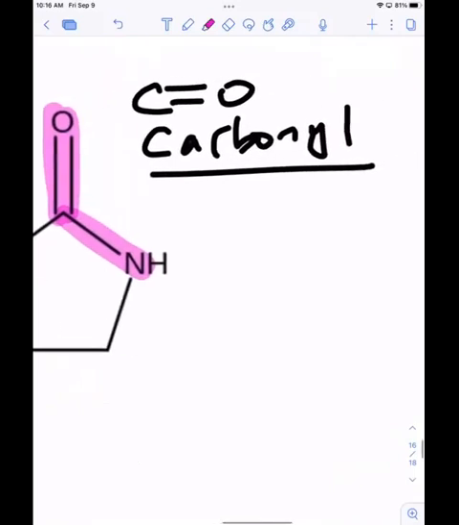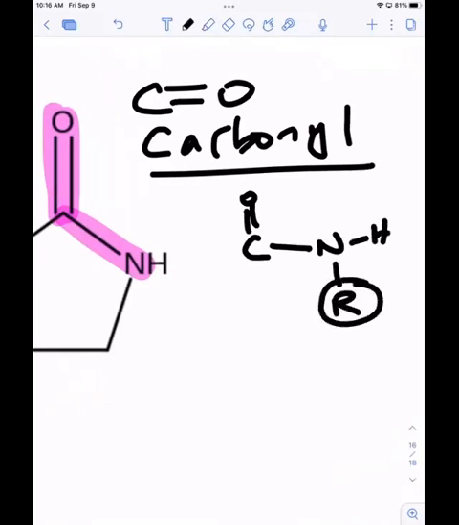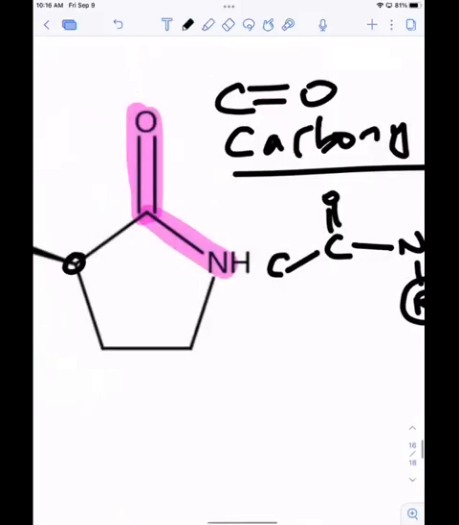So it's actually C double bond O, N, H, and I'm going to put an R here. This is a generic R, it can be any generic group. And then it also has a bond on this side to carbon, right? Because this is a carbon right here.